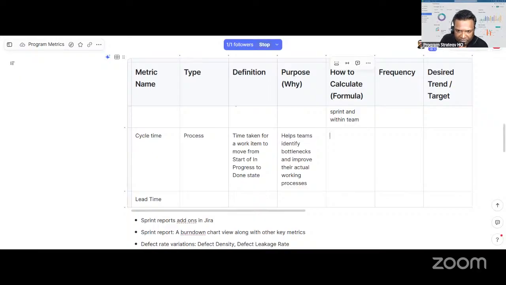Let me put for lead time also. Lead time is also a process metric. It is the total time from when a customer first requests something to when he receives the final result.